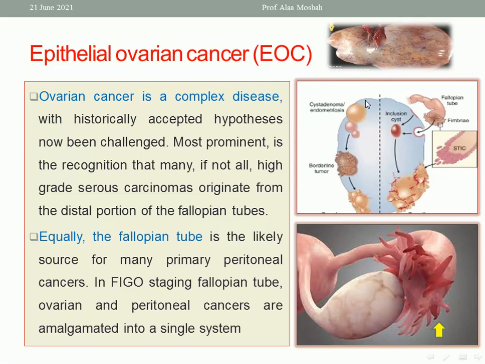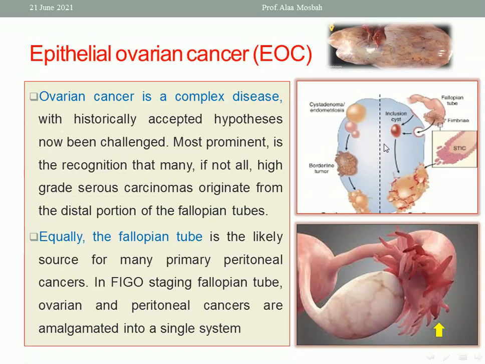Because what we were recognizing as primary, originating from the ovary itself, like serous adenocarcinoma, is now changing to be coming from the fallopian tube, from serous intraepithelial carcinoma of the fallopian tube, and thus to the ovary, and many cases diagnosed as serous adenocarcinoma of ovarian origin were of fallopian tube origin.